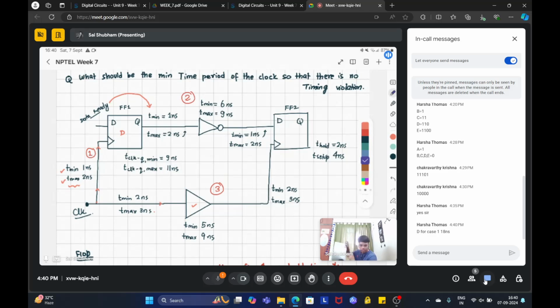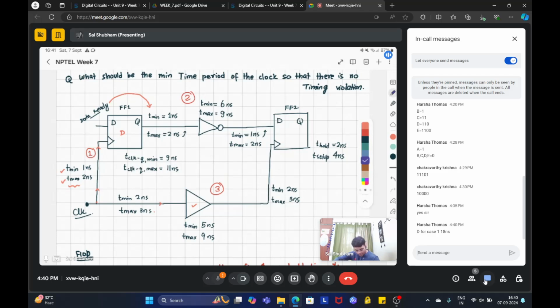Yes, that is correct. D for case 1 is 18 nanoseconds. So you need to figure out that... So 18 nanosecond is the minimum time, right?